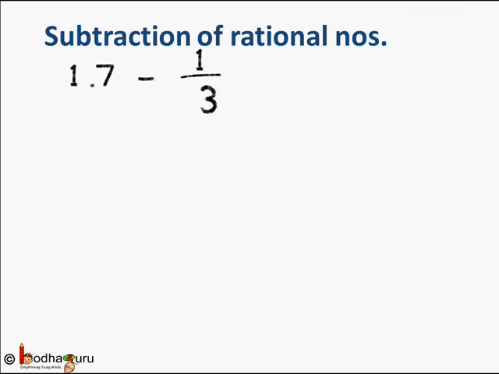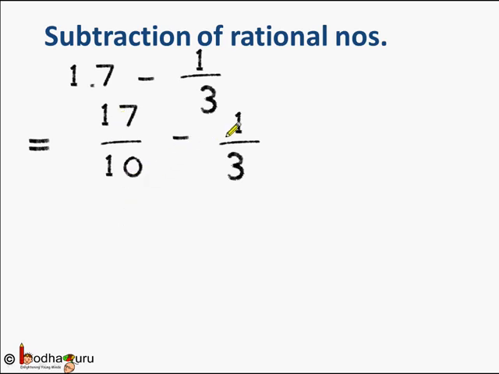Now what happens in the case of rational numbers? Let us see. Here we have 1.7 minus 1/3. 1.7 can be written as 17/10. We remove this decimal, so in the denominator we get 10.